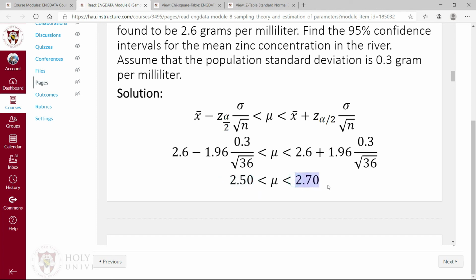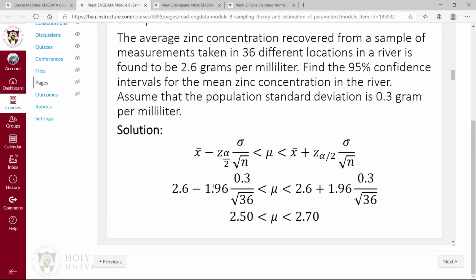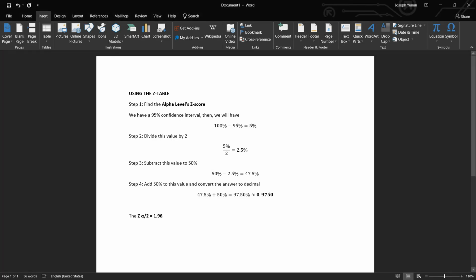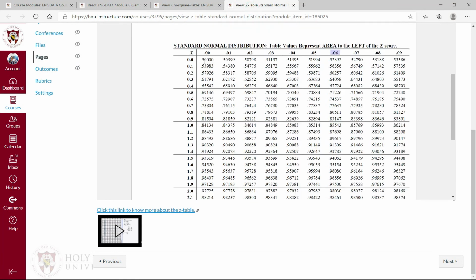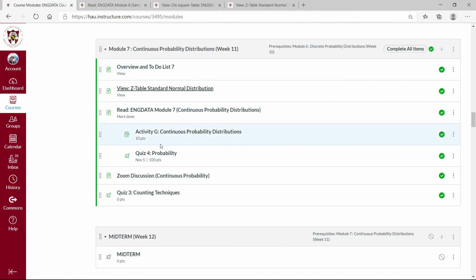Hope that the computation for the alpha level z score is clear, with these possible steps, using the z table provided under module 7, the z table standard normal distribution.